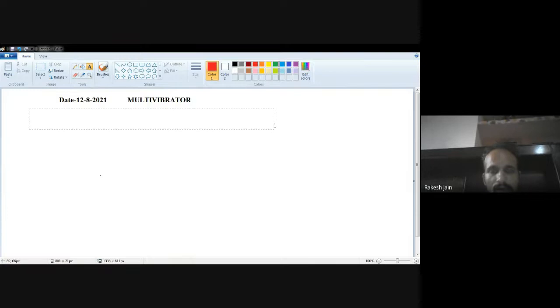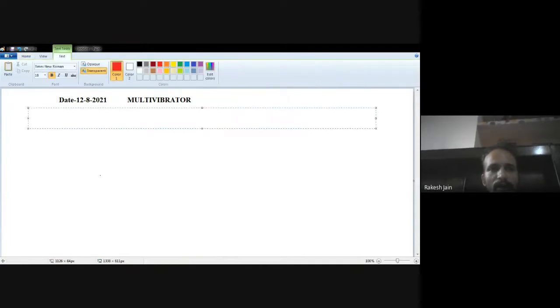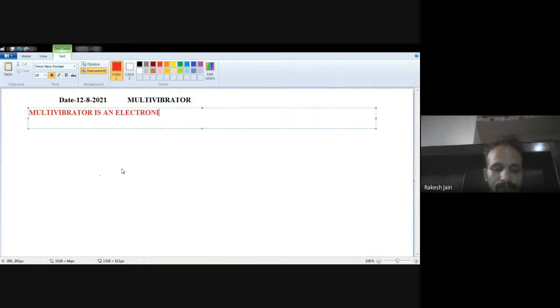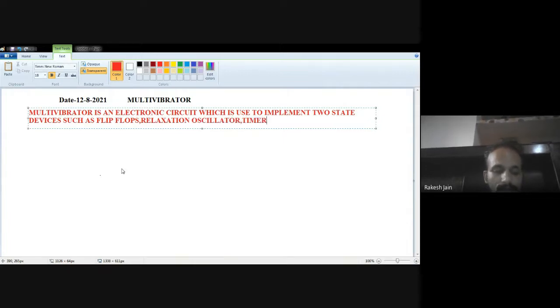Multivibrator is an electronic circuit which is used to implement basic or simple two-state devices such as flip-flops, relaxation oscillators, timers, etc.